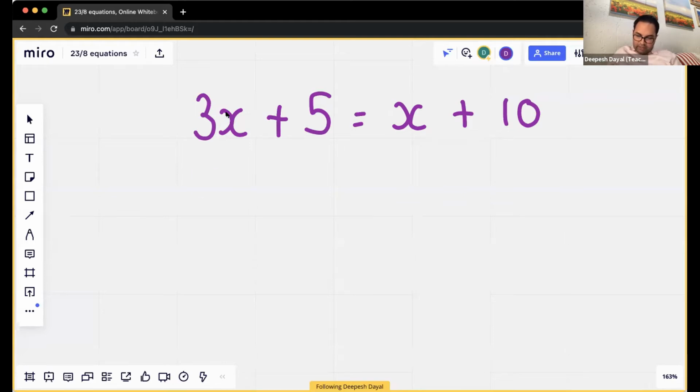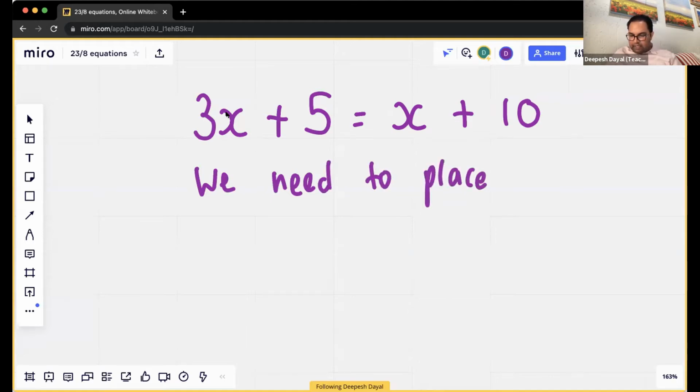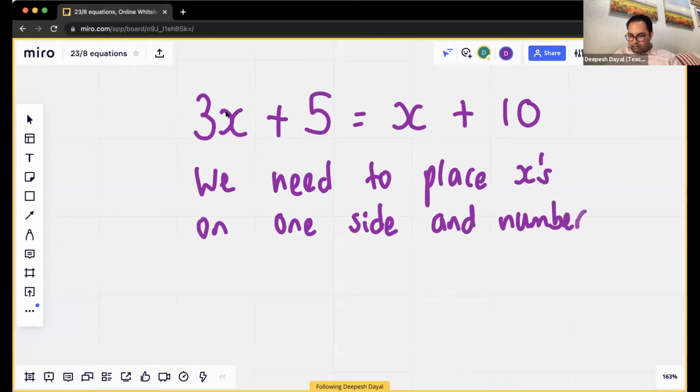So we need to place the x's on one side and numbers on the other side.